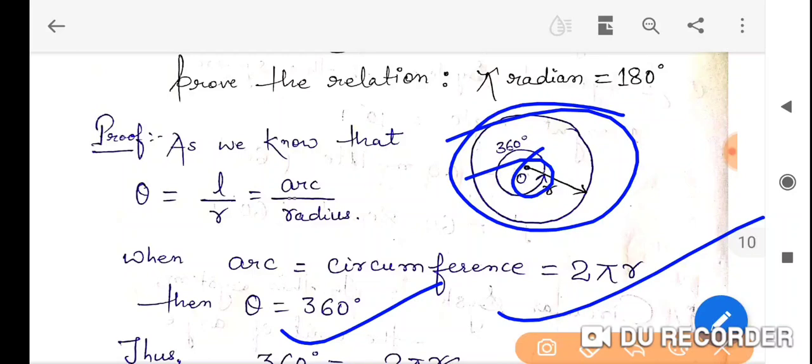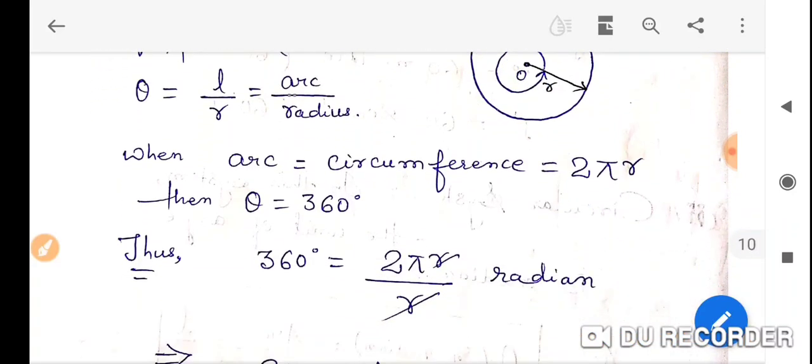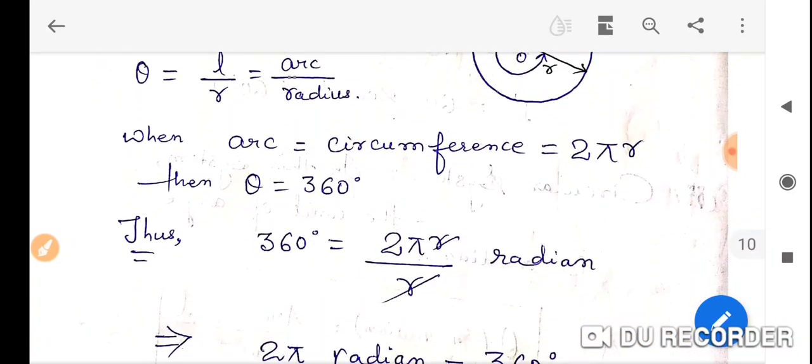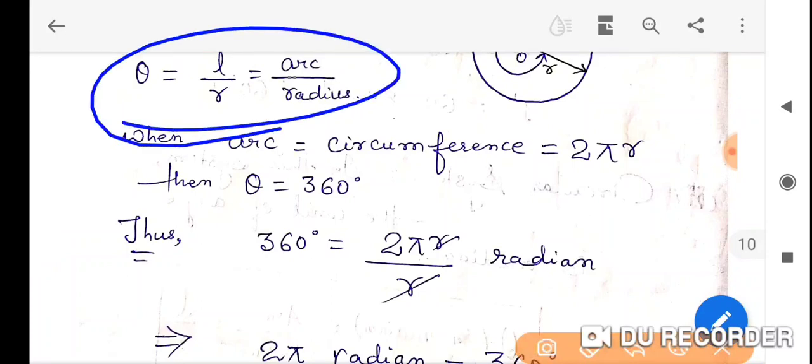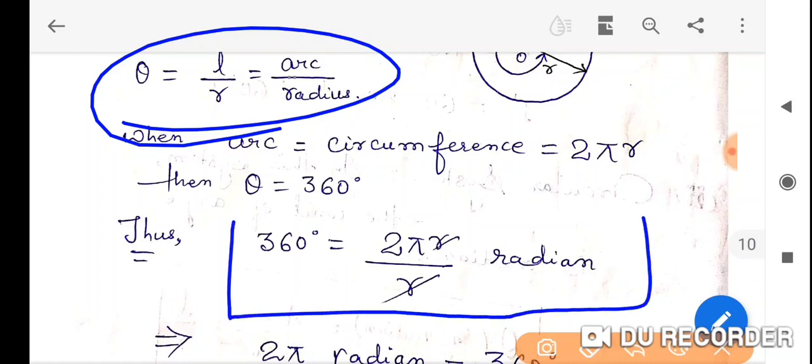If we substitute all these values in the above expression, theta is equal to L by R, it is quite clear that the expression will reduce to 360 degree equals 2 pi r upon r radians.